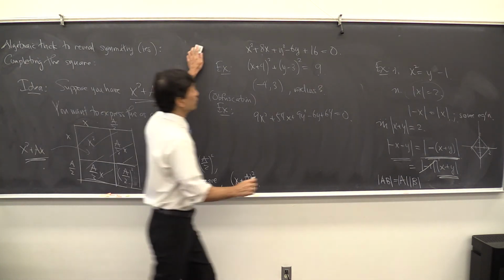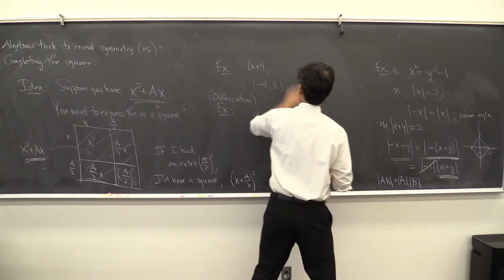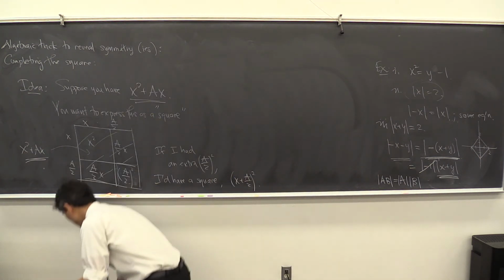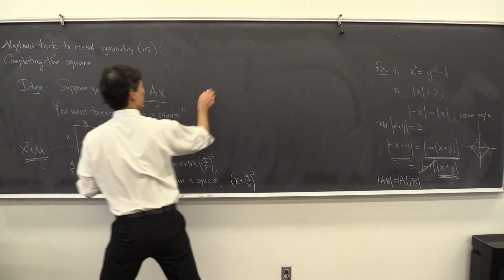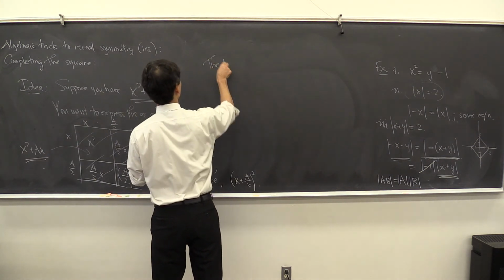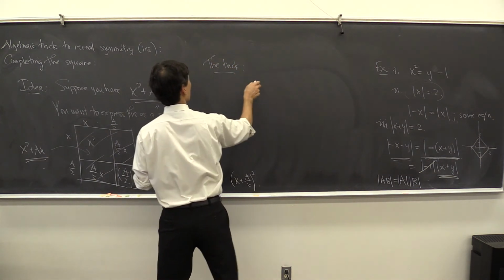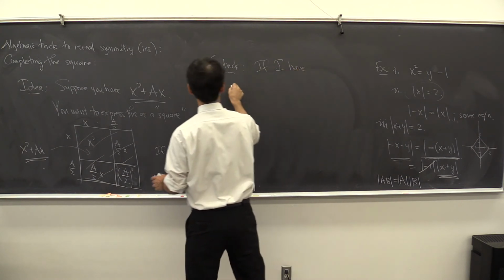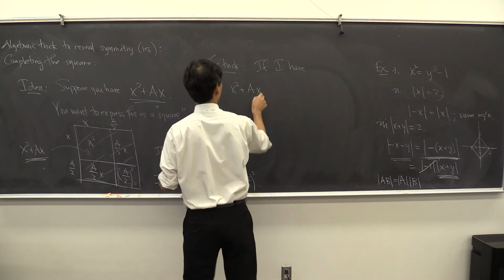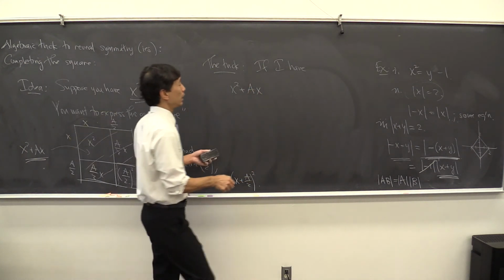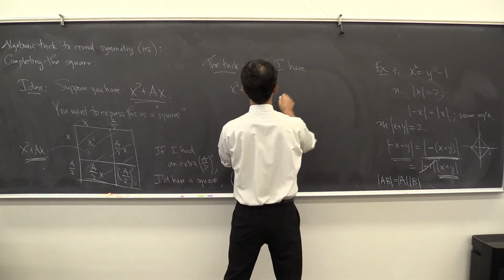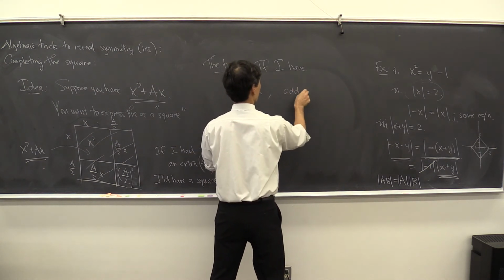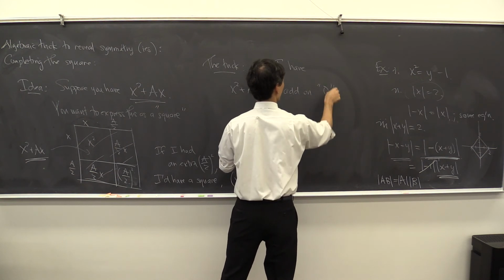So here's the trick. If I have x squared plus ax, just add on a cleverly chosen 0.